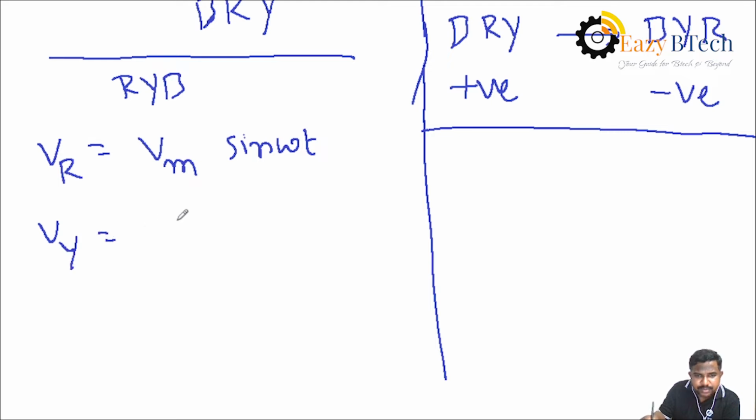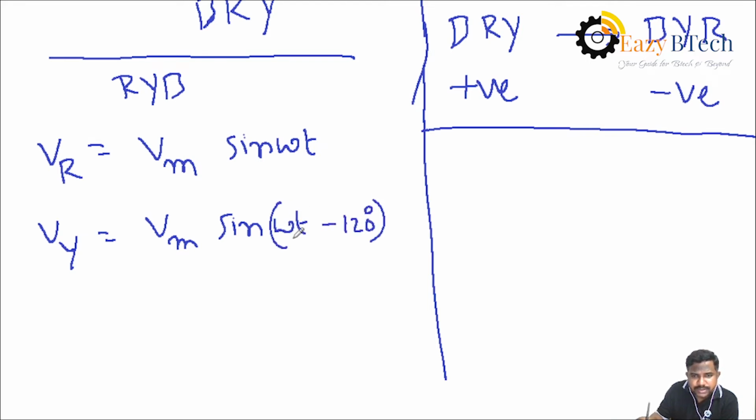Similarly for Y, compared to R, what is the phase difference between R and Y? 120 degrees. That is sin omega t minus 120 degrees.